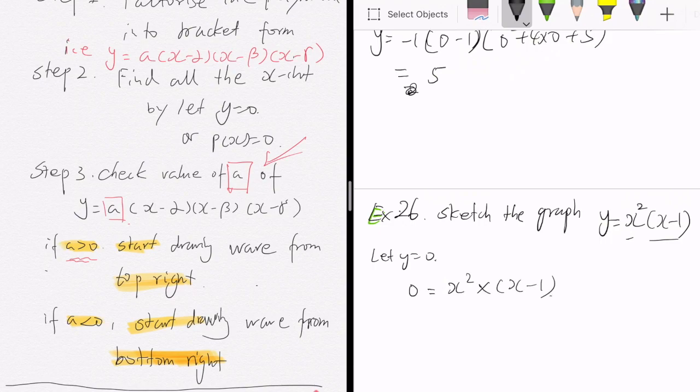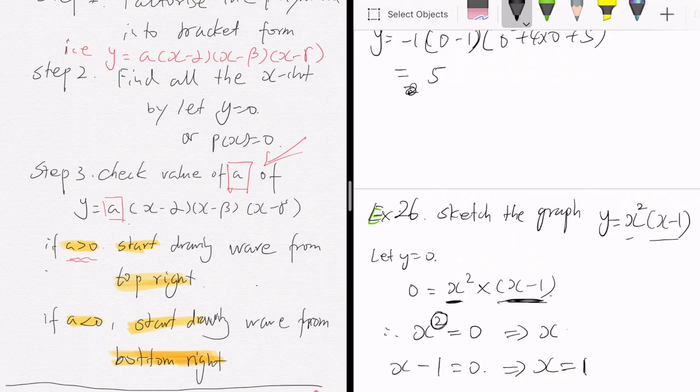So this part times that part equals 0. So it will be either x squared equal to 0 or x minus 1 equal to 0. If I solve it out, x equal to 1. For this one, because you see it is a square, that square tells me we actually have two overlapped values.